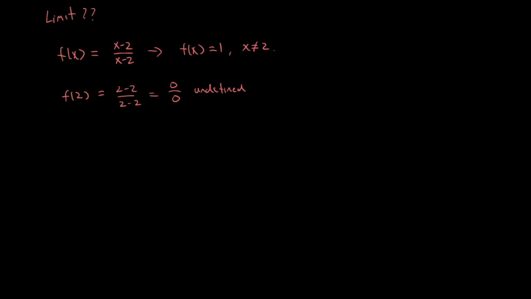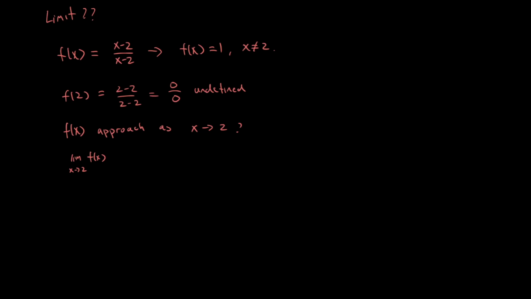But what you can do is ask, what does f of x approach as x approaches 2? And the way we write this out formally is the limit of f of x as x approaches 2.